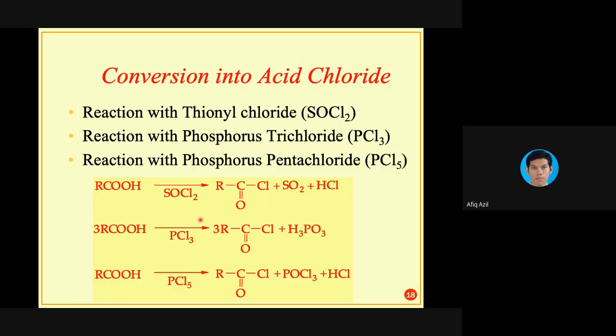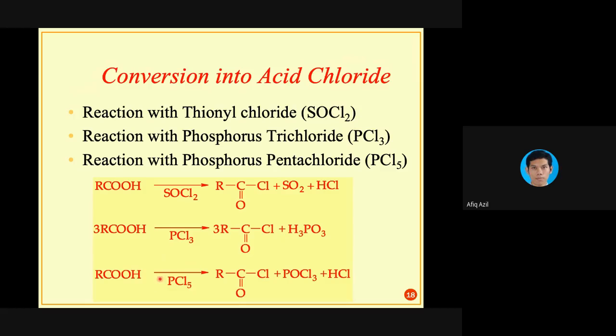If you are using PCl3, or phosphorus trichloride, this reaction requires 3 moles of the starting material, or any type of carboxylic acid that you are going to use. 3 moles of it will react with just 1 mole of PCl3, and you are going to end up with 3 moles of product as well, plus another different byproduct, which is H3PO3.